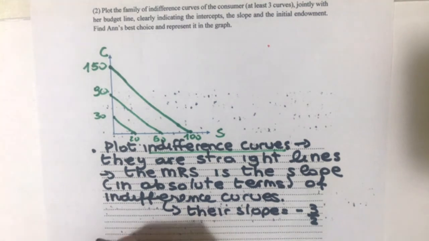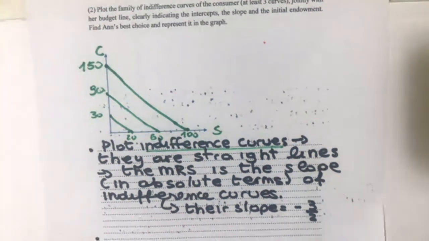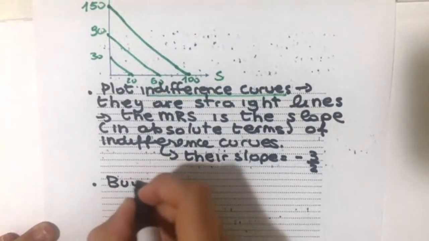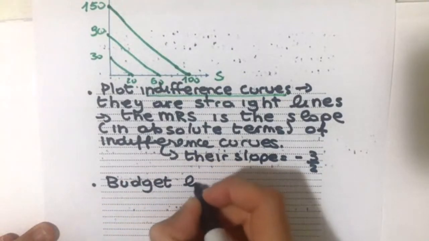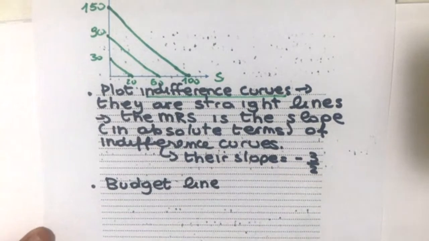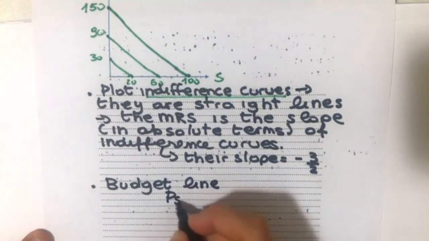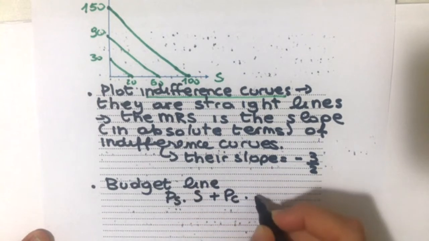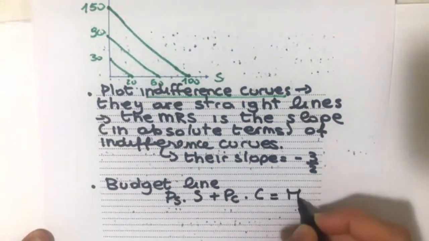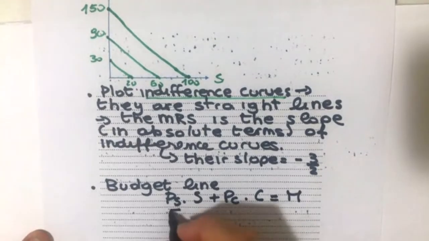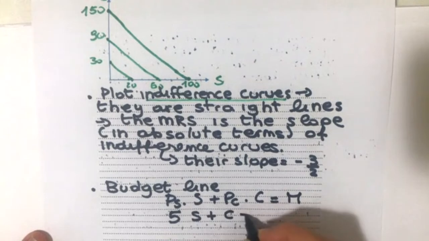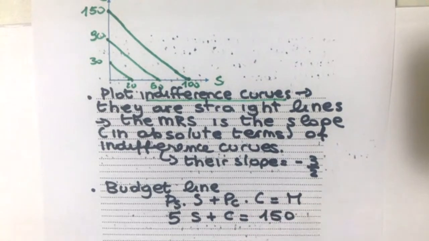Then, second thing here, we have to draw the budget line. Obviously, to draw the budget line, we first need to write the equation down. And it is PS, the price of good S, times S plus PC, the price of good C, times C equal M. So in our case, 5S plus 1C equal 150.